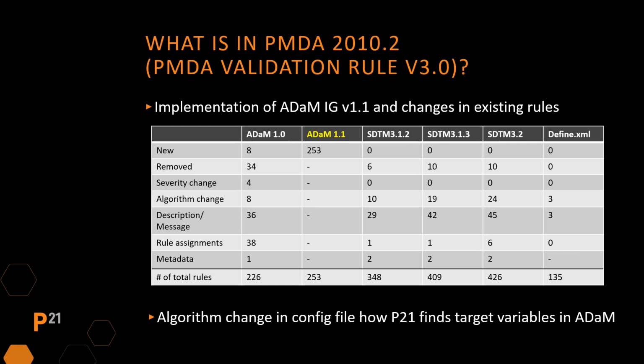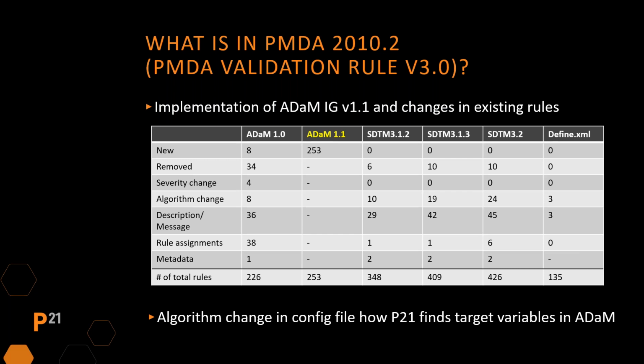This slide is showing you the overall summary of PMDA Engine 2010.2. The biggest implementation is the addition of ADaM-IG version 1.1 rules. We also made changes to existing rules of ADaM-IG version 1.0, SDTM IG version 3.1.2, version 3.1.3, and version 3.2, and Define.xml.